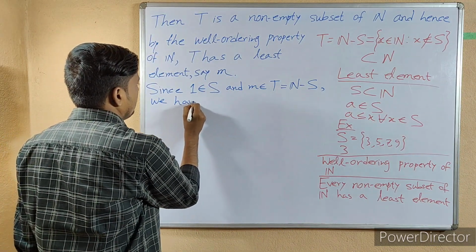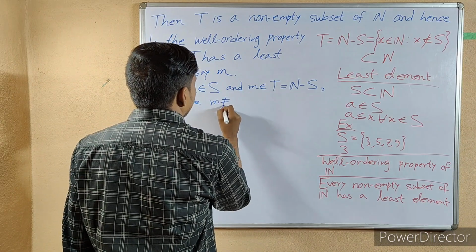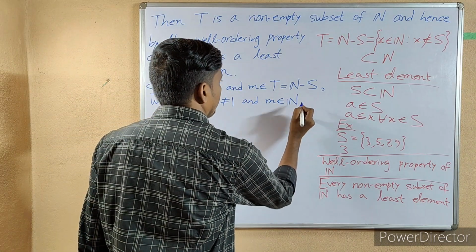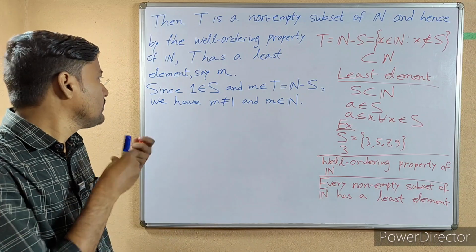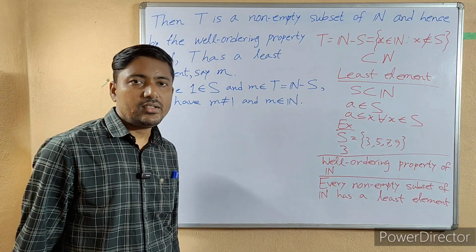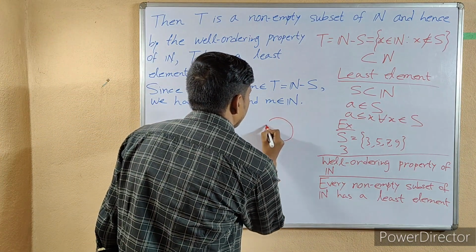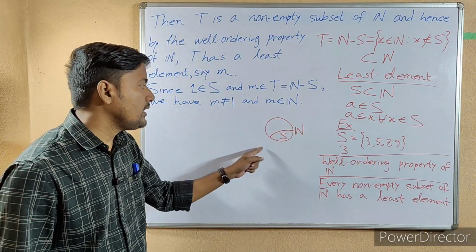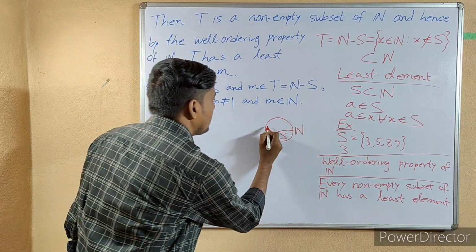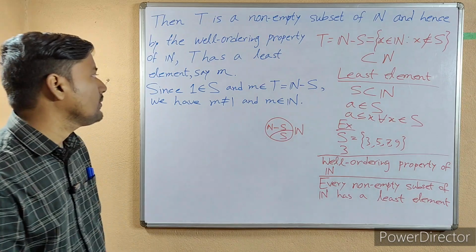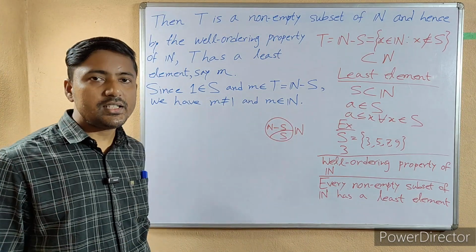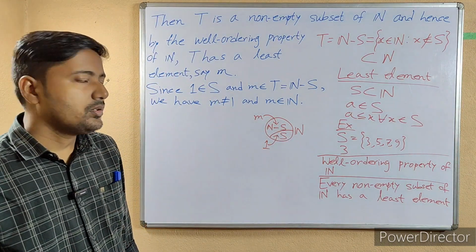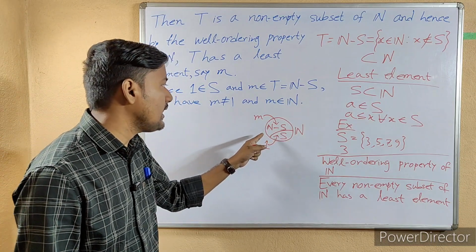we have m not equal to 1 and m belongs to N. Can you say this? m not equal to 1 and m belongs to N. Suppose this is N and this is S. So this is N minus S. Now 1 belongs to S and m belongs to N minus S. Clearly m not equal to 1. 1 belongs to this and m belongs to this.